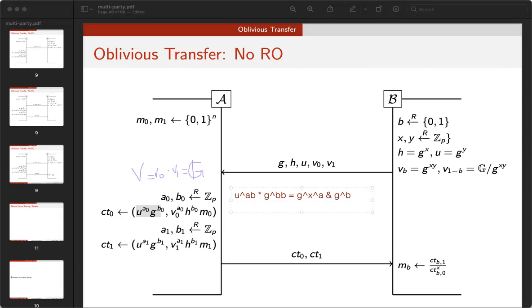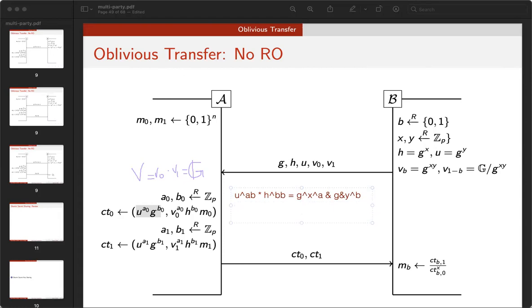And then we come back down. Sorry, this should be H, not G. Sorry about that. This should be G to the Y to the B. Lovely. Okay. And then we look down at MB, so that's CTB1.